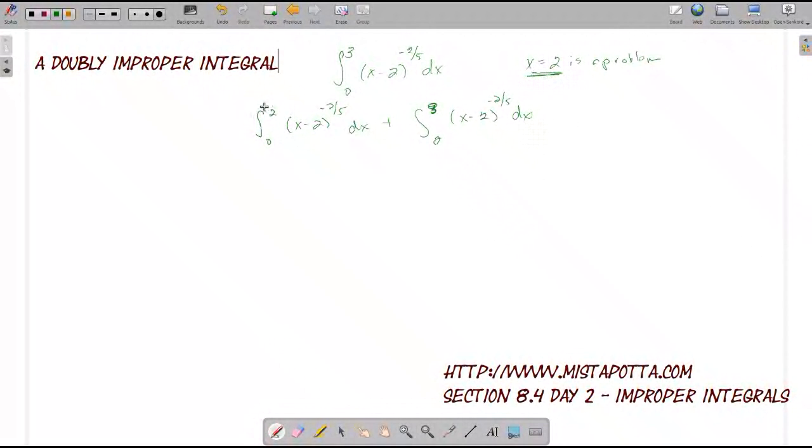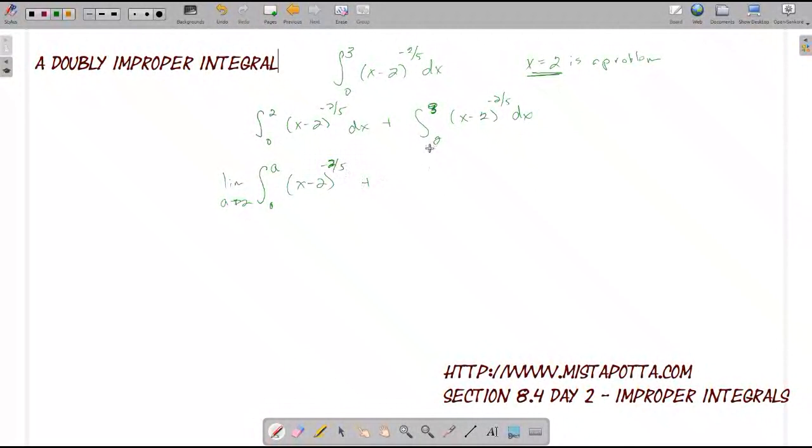What I'm going to have to do is, instead of taking the integral from 0 to 2, I'm going to have to take the integral from 0 to a and let a approach 2. That's how I'm going to be able to find this integral of x minus 2 to the negative 2/5 power.